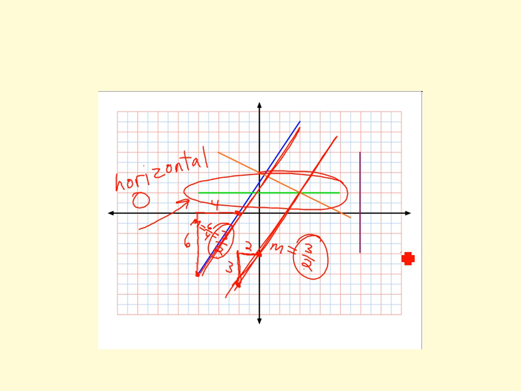If you have a line like this purple one, which is vertical, the slope of a vertical line, there isn't one. It has no slope. And again, I remember it because a horizontal line has a slope of 0. I can actually walk across it. A vertical line doesn't have a slope. I can't walk across it. It's impossible to walk across it, so it's impossible to find the slope of it.